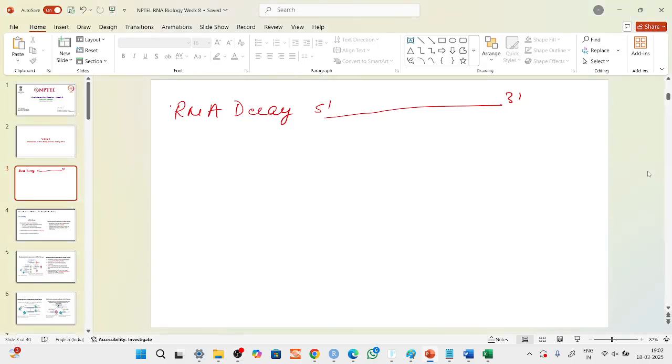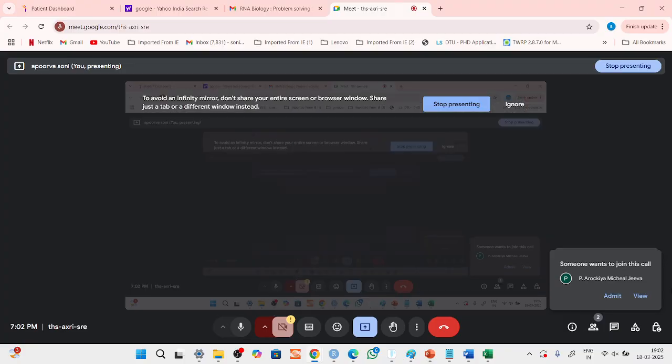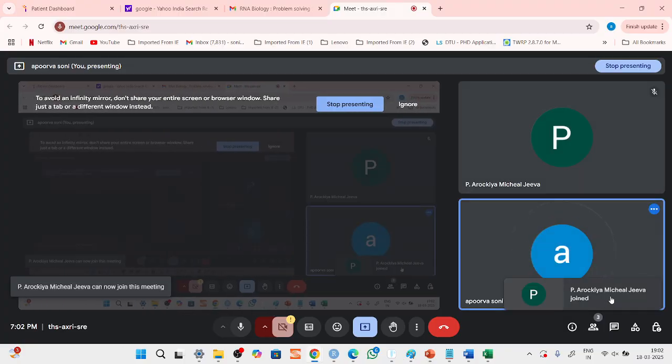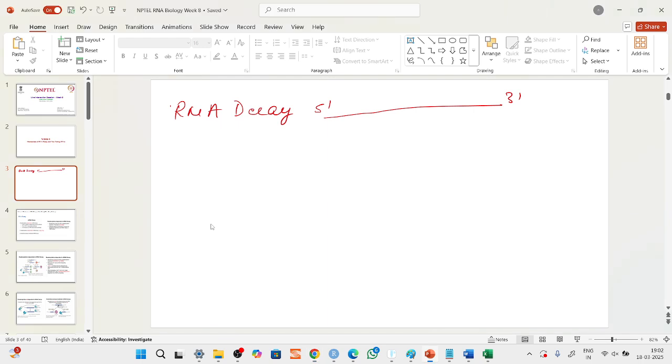So the two major determinants that decide the stability of the RNA are its 5 prime and 3 prime ends.